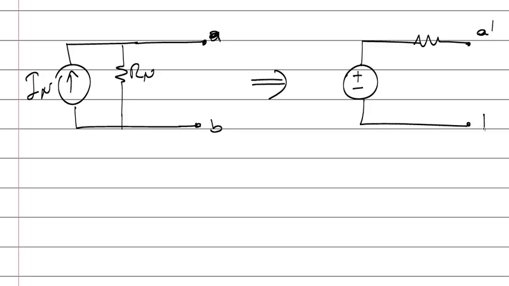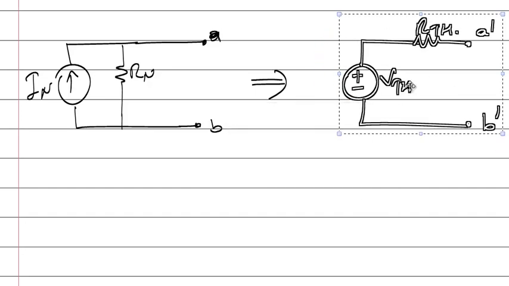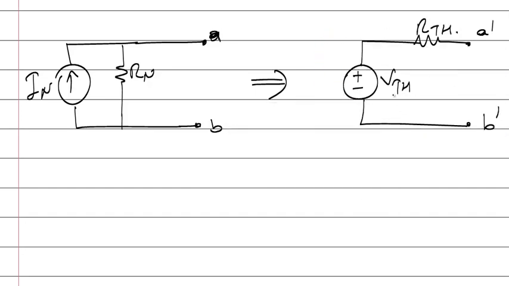A prime, B prime. Okay? And this will be Thevenin voltage, this will be Thevenin resistance. I can replace the shape on the right with this shape, but I have to calculate the proper values for Thevenin voltage and Thevenin resistance.